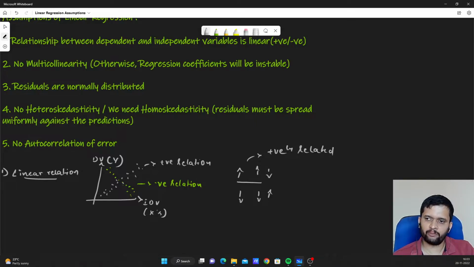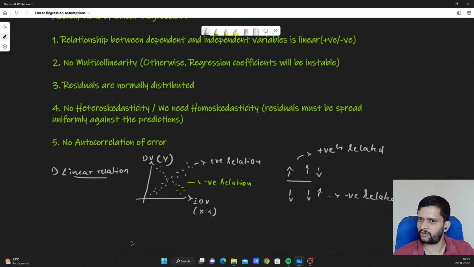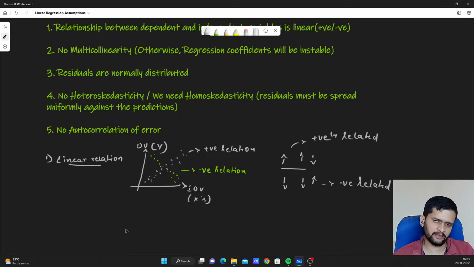Okay, if both go in opposite direction, that is if x goes upwards and y comes down, or if x goes downwards and y goes up, we call them negatively related. Okay, so this is what we mean by linear relation between dependent and independent variables. Okay, so this is our first assumption.